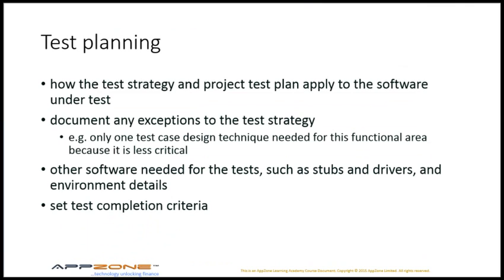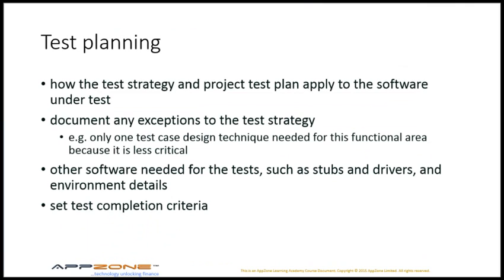So you document any exceptions to the test strategy. For example, only one test case design technique needed for this functional area because it is less critical. But where you have some other things to consider, you may have to increase it. Other software needed for the test, perhaps you will require software to test your application, so you determine it, or even the infrastructure that may be needed.